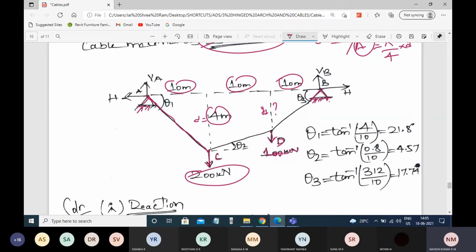Again, at the supports you have two reactions, VA and VB, and H. H remains the same.